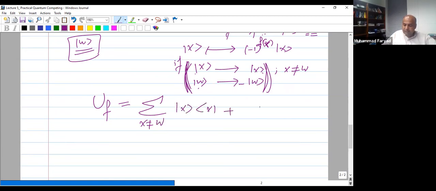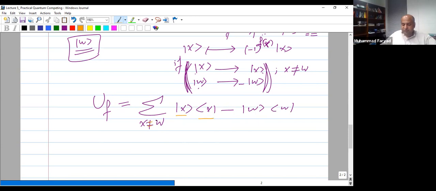That W is transformed to minus W, and X is transformed to just X if X is not a solution.